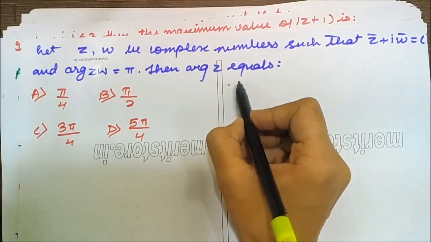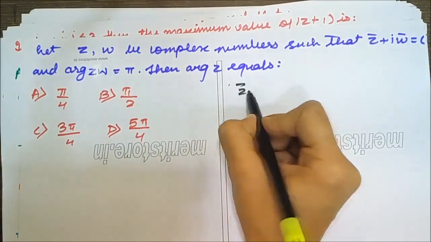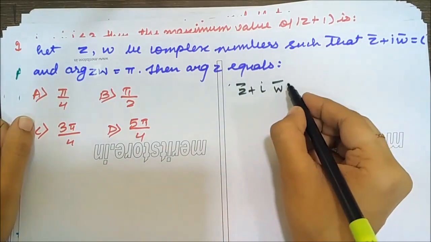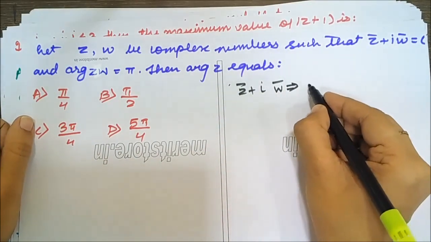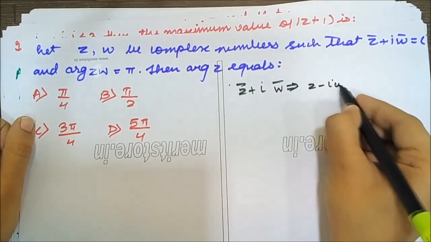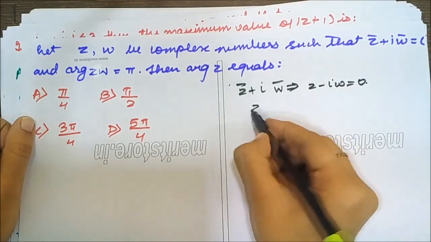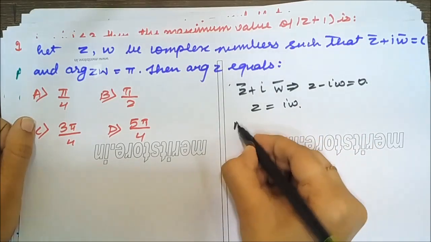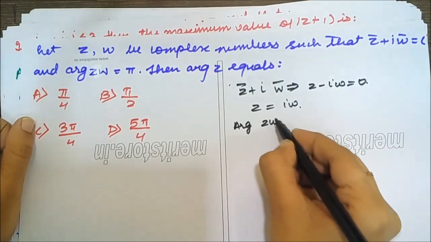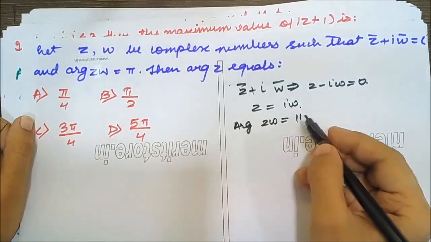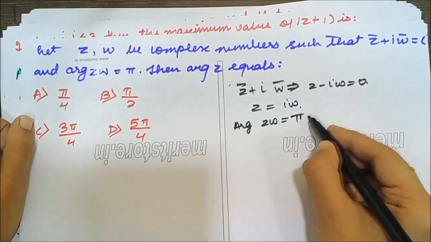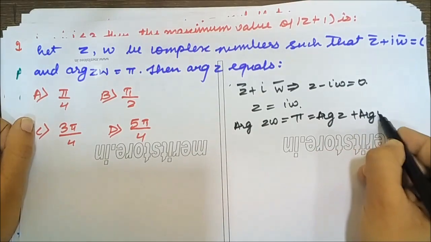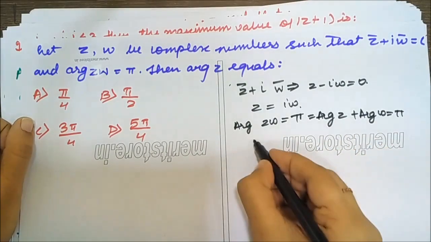So first, z plus iw is equal to 0, z is equal to minus iw. Argument of zw is equal to pi, which is argument of z plus argument for w is equal to pi.